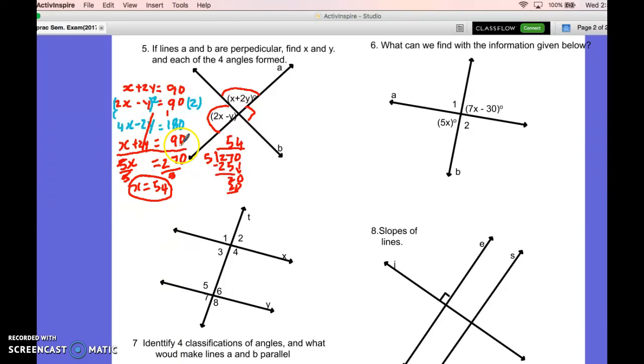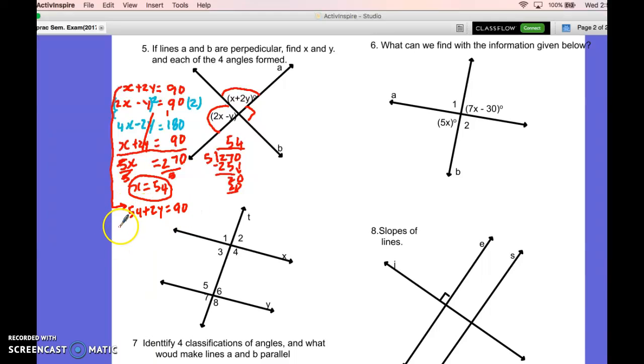And once we found the x, you could actually go in and find the y. You could use this equation or this one to find the y. Alright? So you said, oh, what do you mean? We plug the x in here. So using this equation, instead of x, I would write 54, and then plus 2y equals 90.